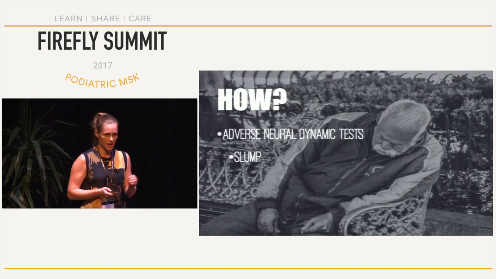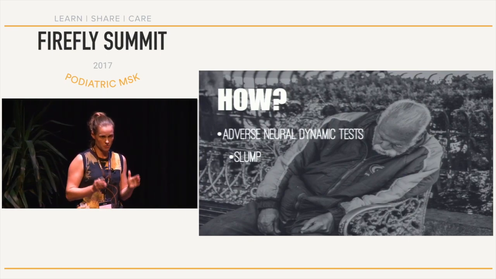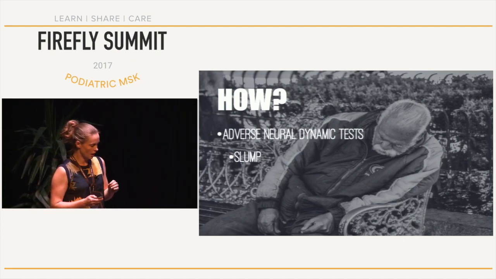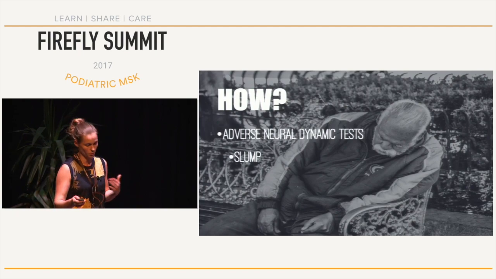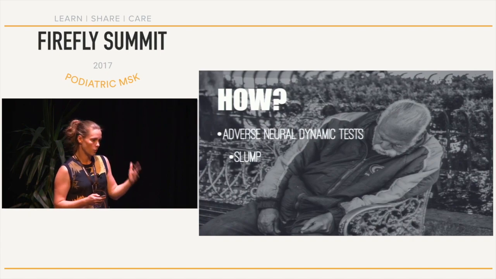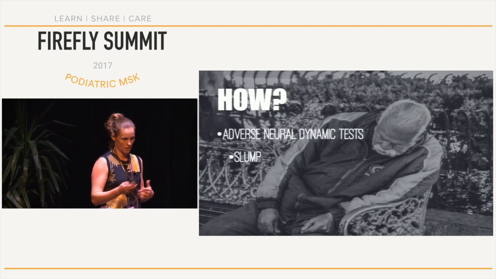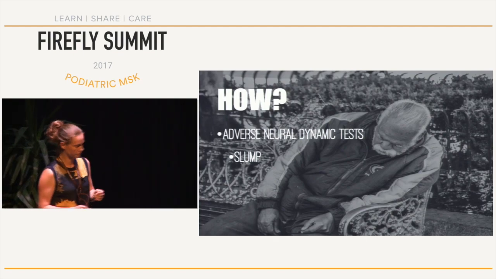And the aim of the test is to reproduce your patient's symptoms on the couch. What I would say is that you've got to be careful when you do this test. If the patient, for example, has a prolapsed disc, you don't want to light up their problem. So I would suggest that if you do this, you spend some time with a physiotherapist or somebody who has the confidence of doing this.